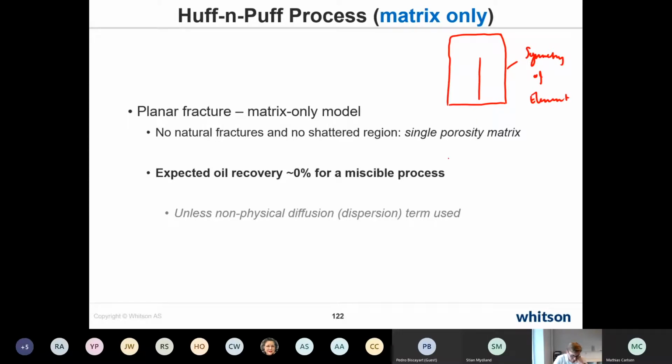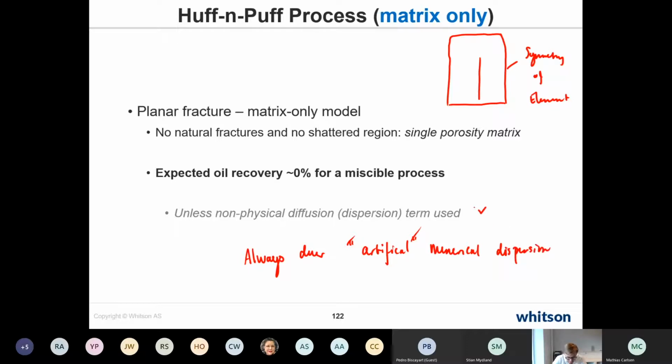So this is important: if you're not including diffusion or any type of dispersion, these two things that we talked about, and you get any recovery, even if you have not put these things on, it's always due to what we call artificial numerical dispersion.